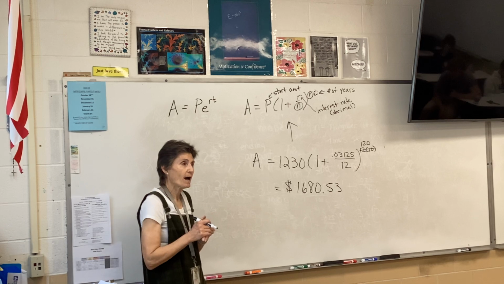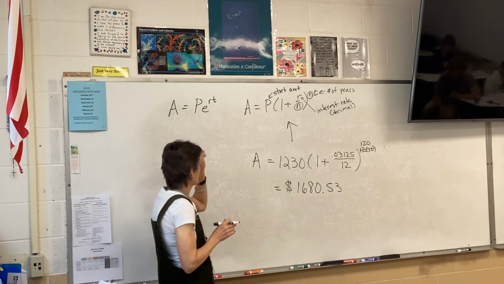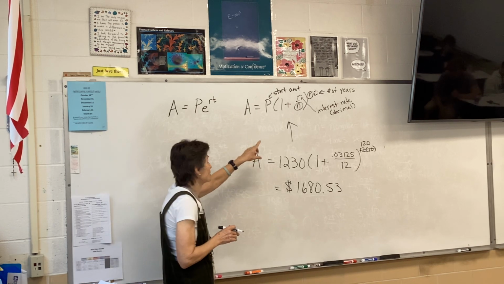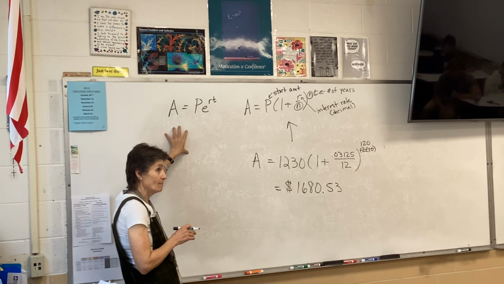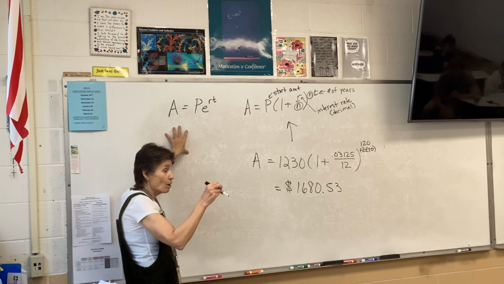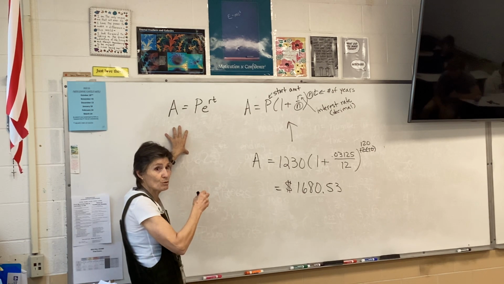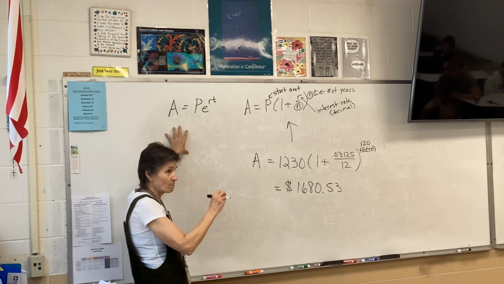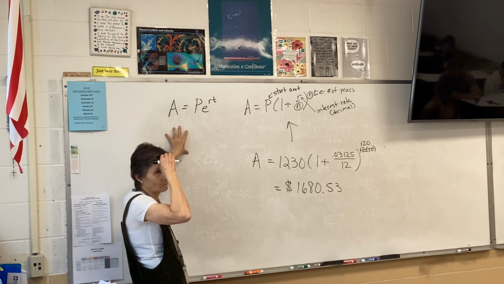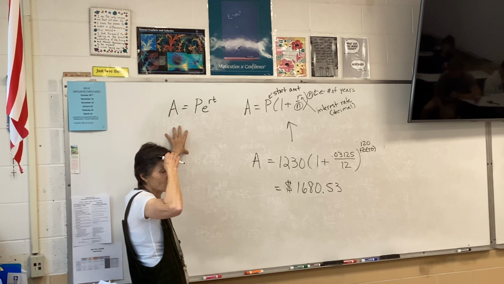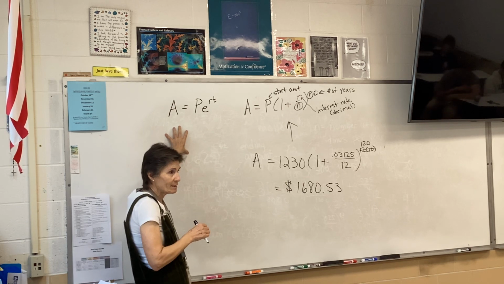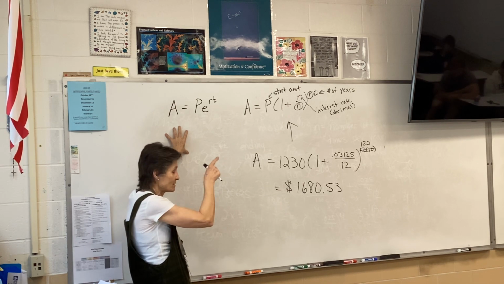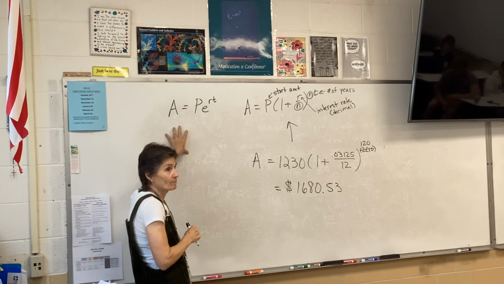If it's not money, then you're not using that formula, so we must be using this one. Now, PERT can be used in some special money problems also, and we'll talk about that. But for now, if it's not money, it's not that. If it's not money, it's gotta be PERT.